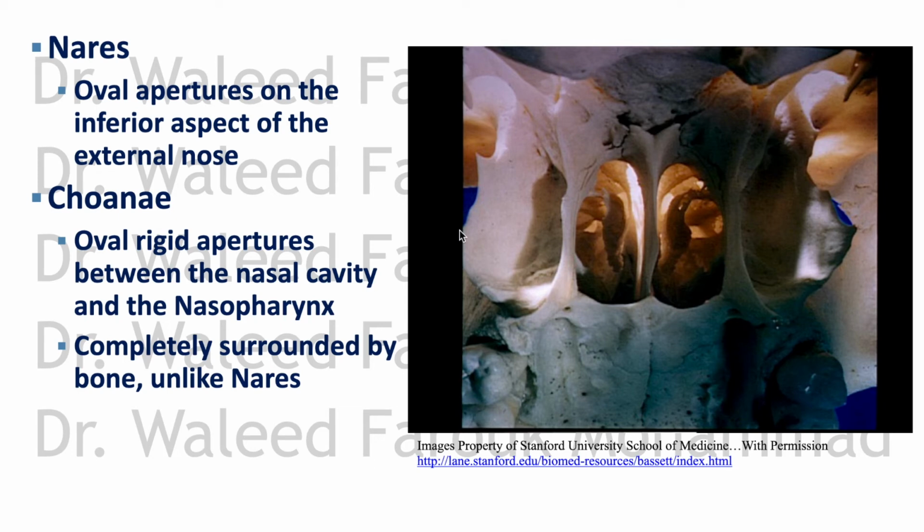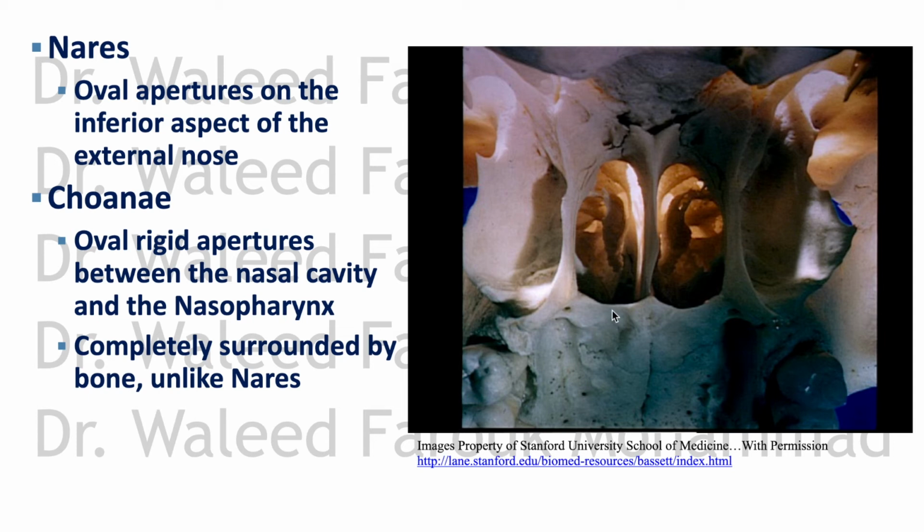Regarding the anterior and posterior openings, imagine you can get questions about these. First of all, the posterior opening of the nasal cavity is called the choana. The two choanae are completely surrounded by bone. They are hard openings.